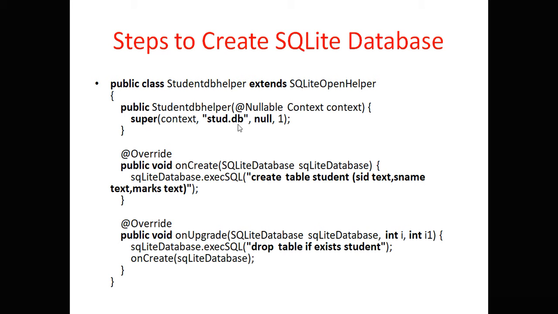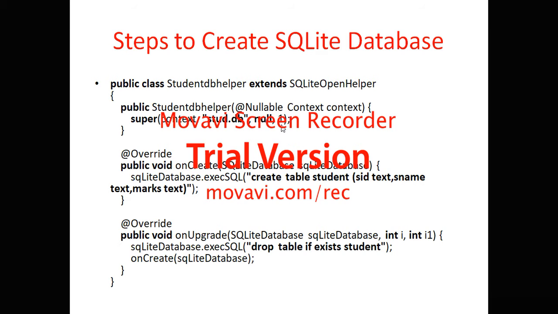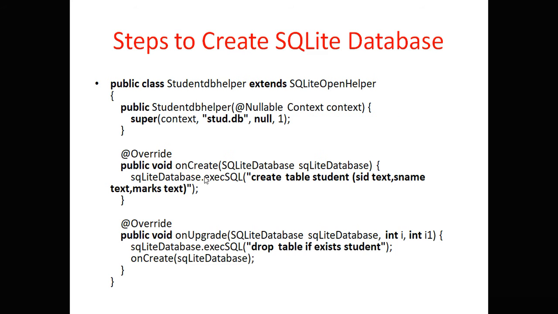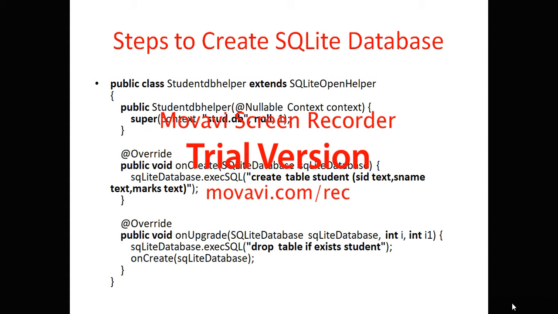So here the second parameter, stud.db, is our database name, and this last parameter is the version of the database. Now, once we specify the constructor, we can create tables using onCreate method, and onUpgrade method is executed when database needs to be updated or upgraded. Let's start the practical for this so we can get the exact idea.